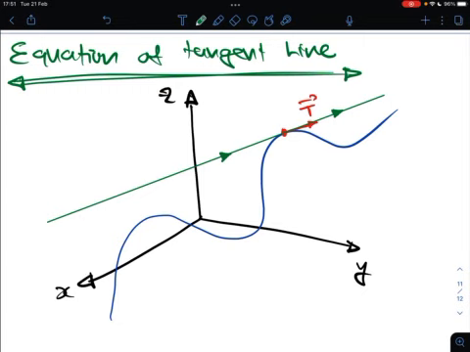So this is what we mean when we talk about a tangent line. There is a tangent vector and a tangent line, and this diagram shows the distinction between the two. A tangent line moves throughout the whole space and is tangential to the curve at that particular point, while the tangent vector is just a very small vector of 1 unit at that tangent point.